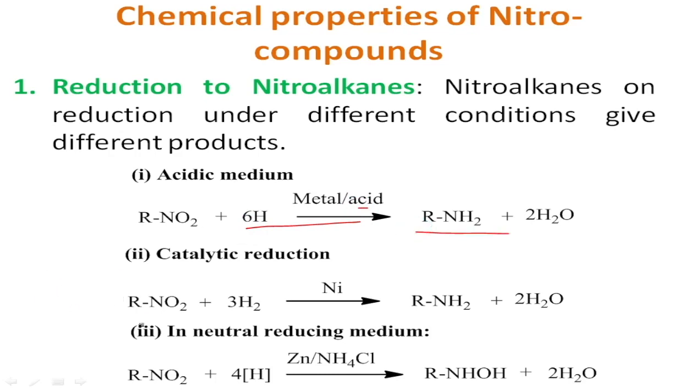Number 2, catalytic reduction of nitroalkane with hydrogen using nickel as catalyst gives a primary amine. Then number 3, in neutral medium, RNO2 is reduced to R NHOH, hydroxylamine.